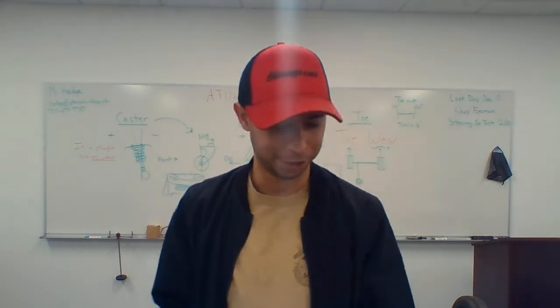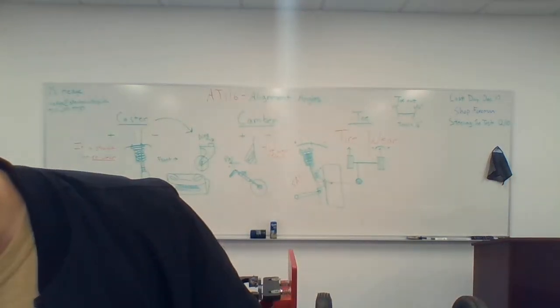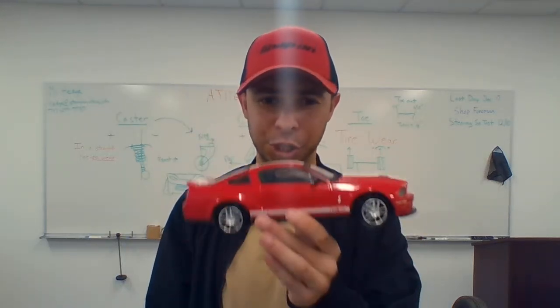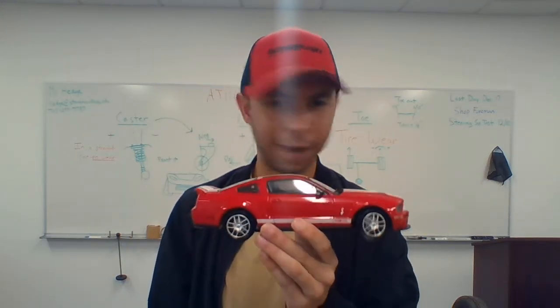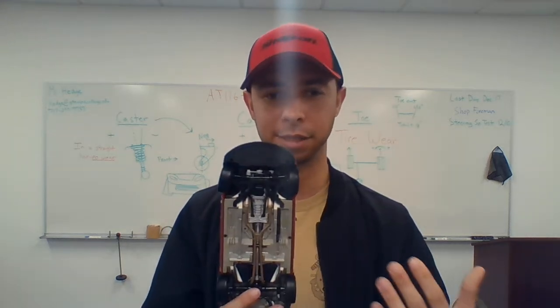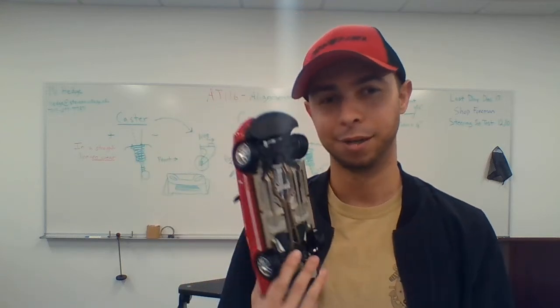So does that hold true for everything? Not necessarily. So just for your amusement, let's say I did have a 1 to 18 scale GT500. If I were to flip that upside down, yeah, it's a pretty good model of it. Shelled out a few bucks for it. I have so many. But if I were talking about toe out on turns and stuff, is the Ackerman angle built into this model car?